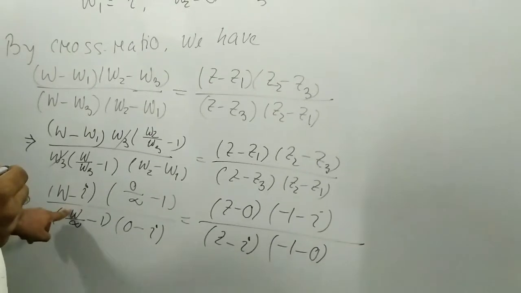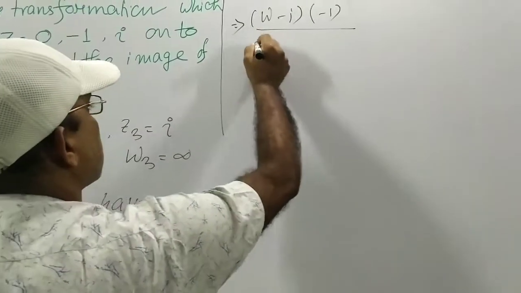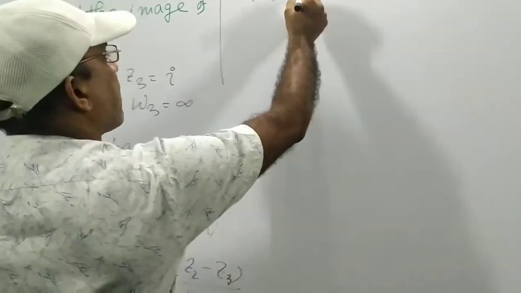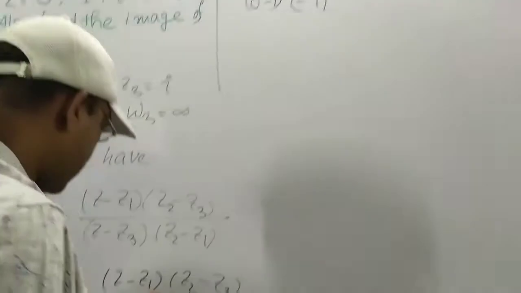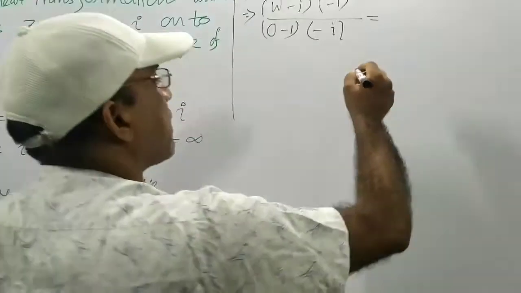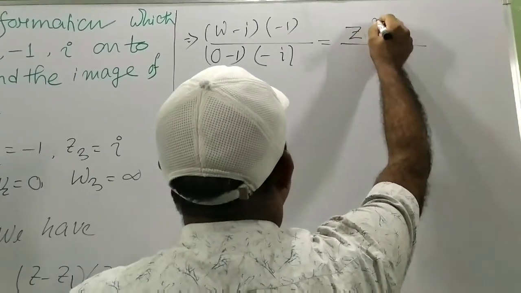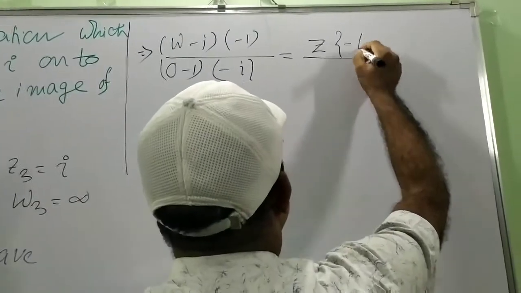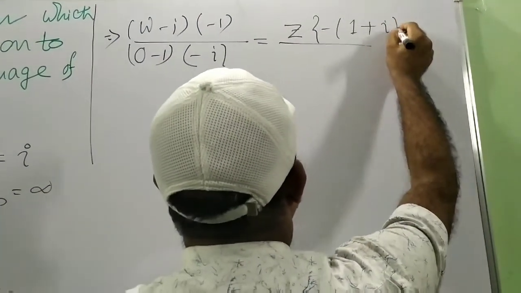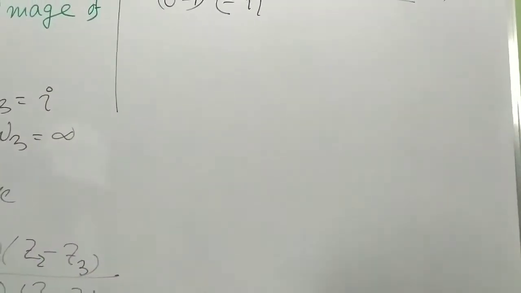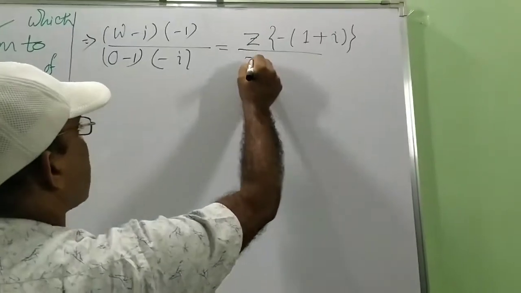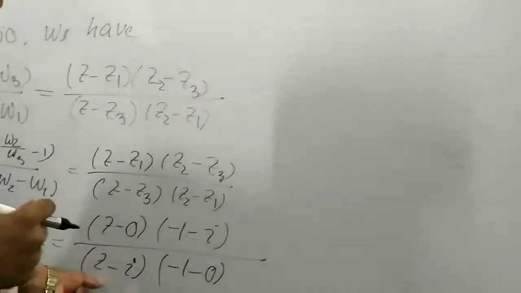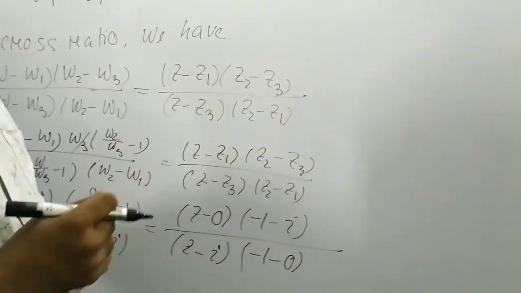And this is something by infinity, 0, so 0 minus 1, and this is -i. On the right hand side, this is z, and from these two taking the minus sign common, taking -1 common, we get 1 plus i, and the denominator z minus i remains the same, and this is -1.